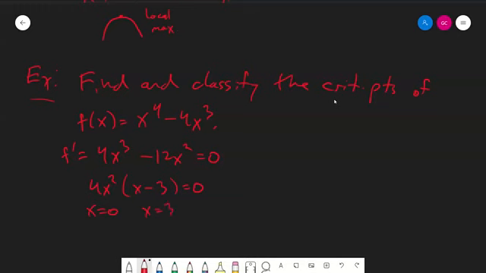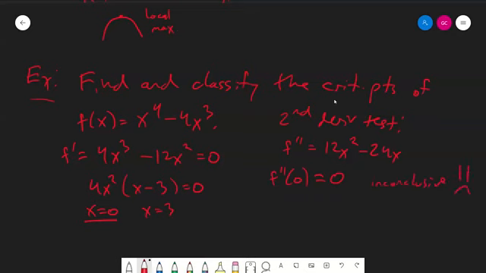Maybe first let me try the second derivative test. So I take the second derivative, which is now 12x squared minus 24x. We note that f double prime of 0, that was our first critical point, well, that gets you 0. So actually the test is inconclusive.